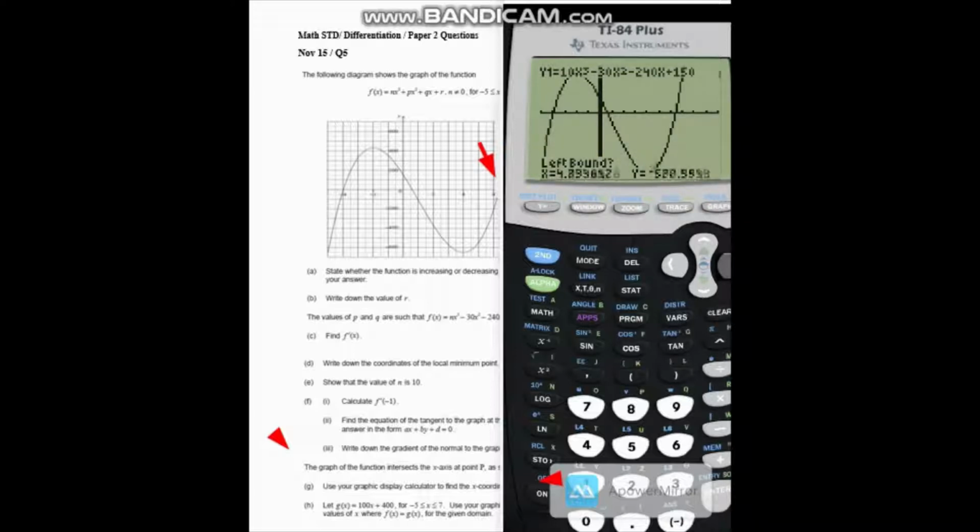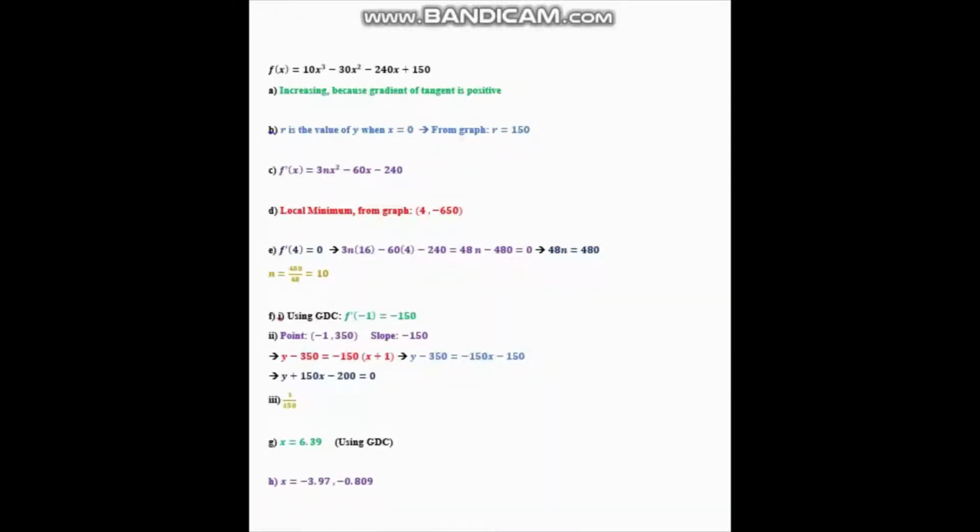I'm dragging the cursor towards it. There is my zero approximately. So my left bound is somewhere here, my right bound is somewhere there, and my guess is there. So the zero exists at x equals 6.388, or just x equals 6.39. There is my answer.